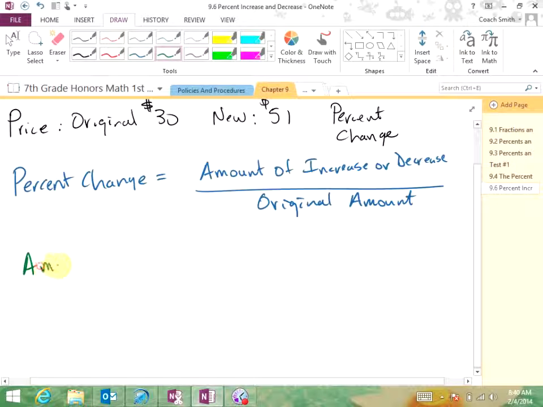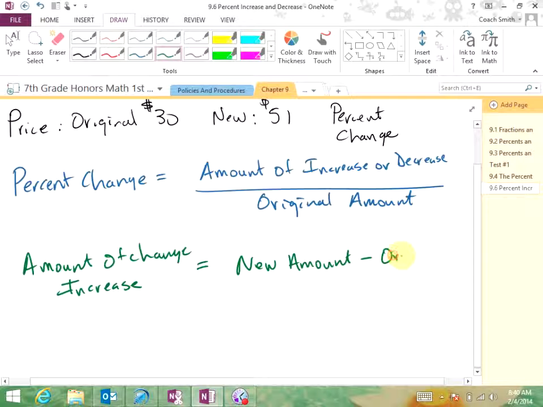For an increase, the amount of change is equal to the new amount minus the original amount.